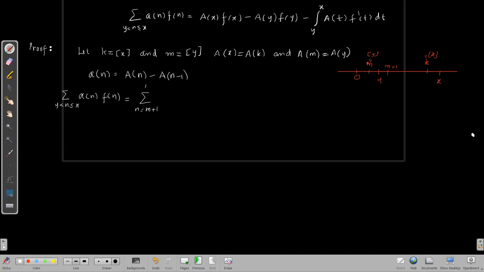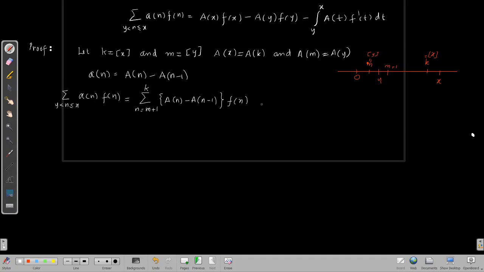Then we replace a of n as capital A of n minus capital A of n minus 1, so that is A of n minus A of n minus 1 times f of n.